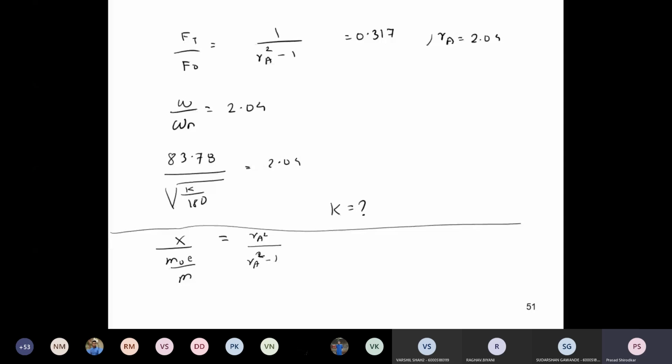Okay, so that is for reciprocating imbalance. All right, so this is the equation for reciprocating imbalance.